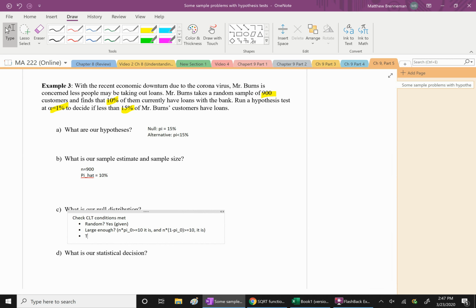Is it too large? Well, we have to assume that the bank has 9,000 customers, and that's not at all unusual.